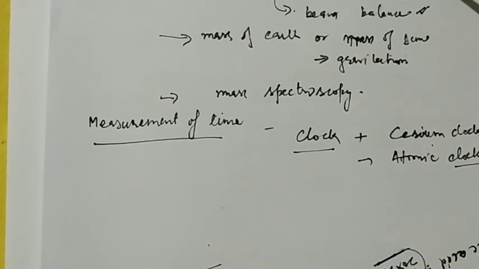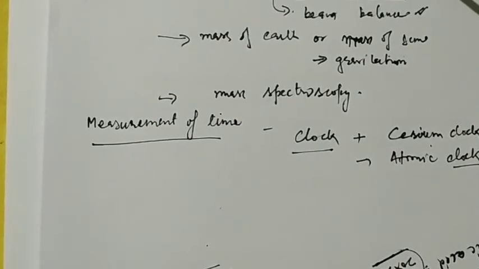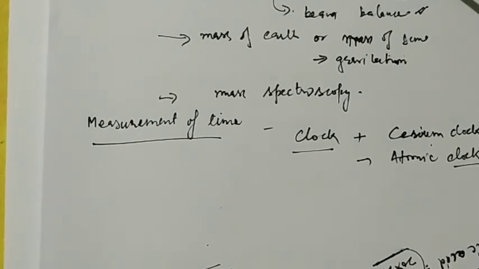If you want to measure a very short time, we use the atomic clock, and for normal time we have different types of clocks, such as the radium clock, etc. So this is a little bit about the measurement of mass, length and time.